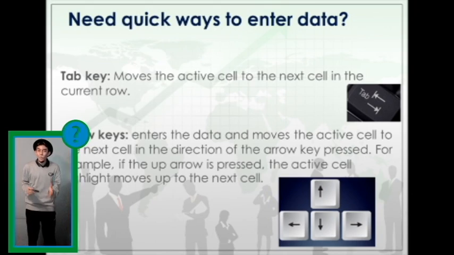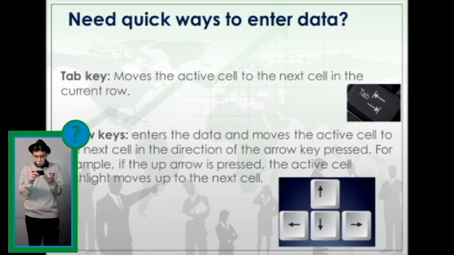And now, the easiest way to move cells! Enter data. There's two ways of entering data. You can use the tab key or the arrow keys. Well, first of all, the tab key moves the active cell to the next cell in the current row. And the arrow keys, well, those are simple.